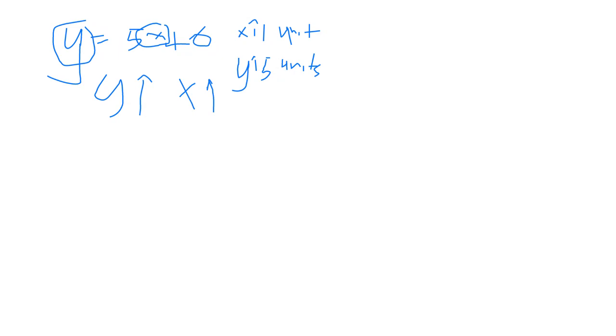Have you seen that? So you realize that anytime I increase x by 1 unit, y will also increase by 5 units. If I increase x by 1 unit, y will always increase by 5 units. Can we see that?